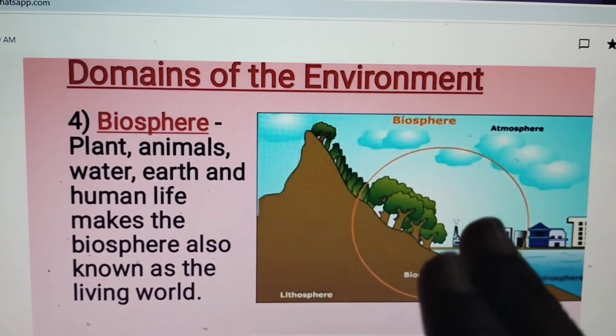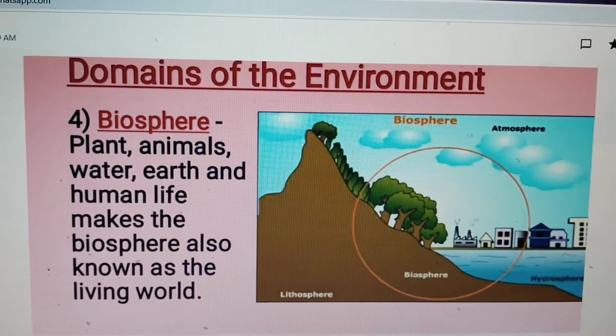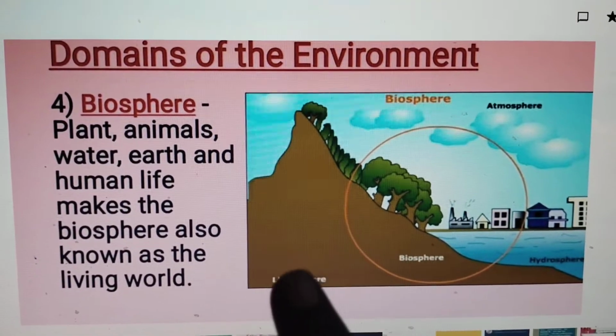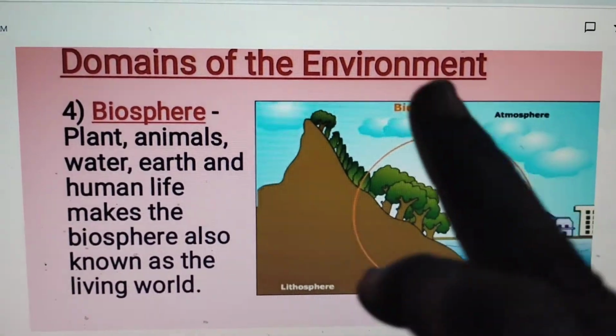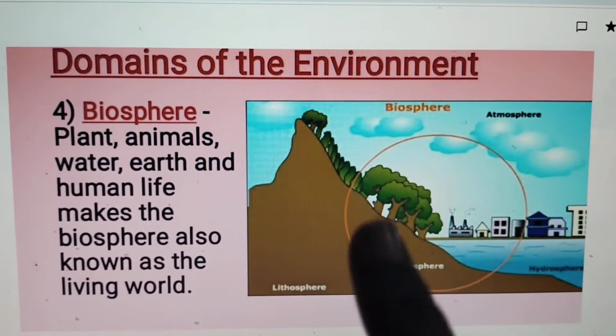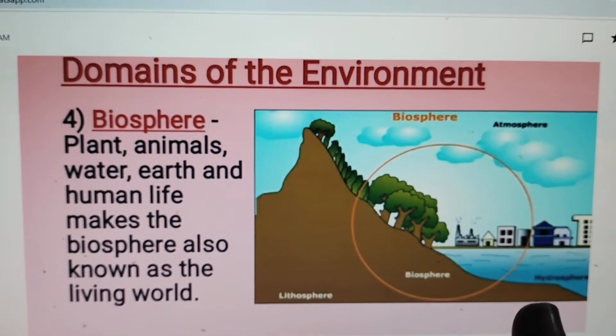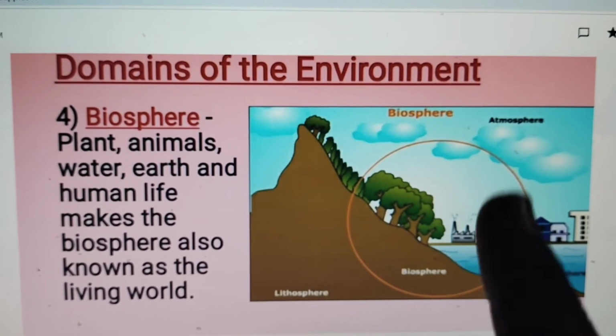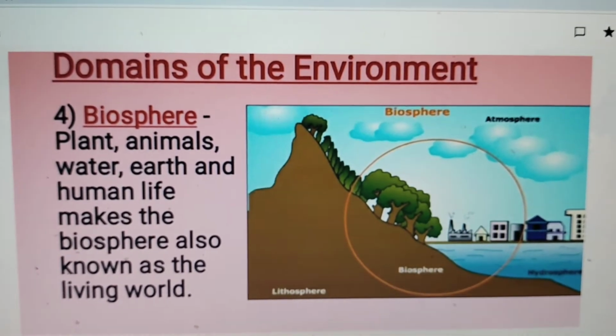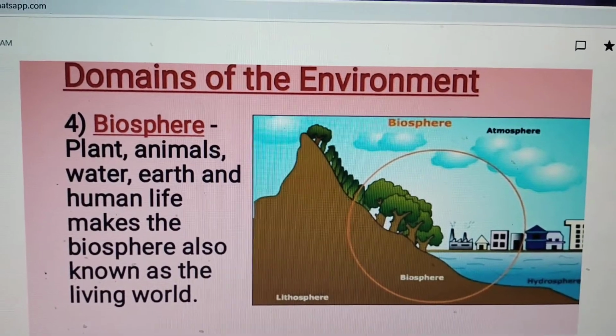So these all together make the biosphere, isn't it? So here you can see lithosphere, atmosphere and hydrosphere, these three things join together and make the biosphere.